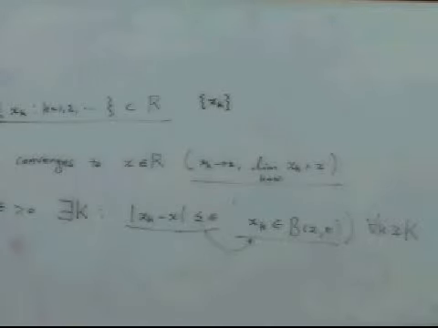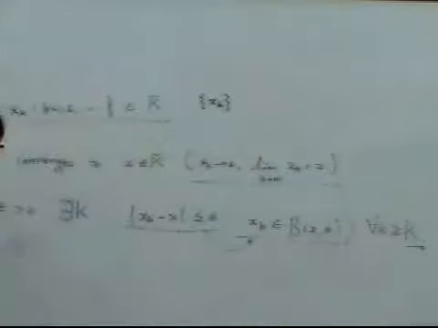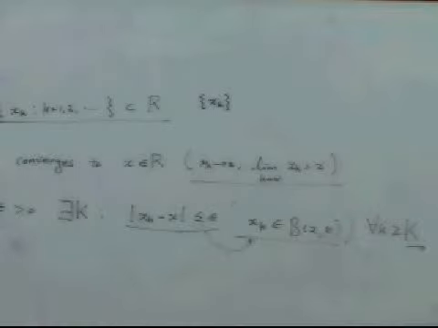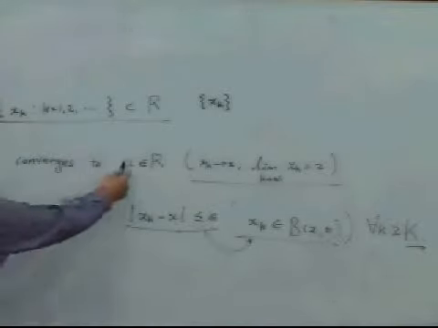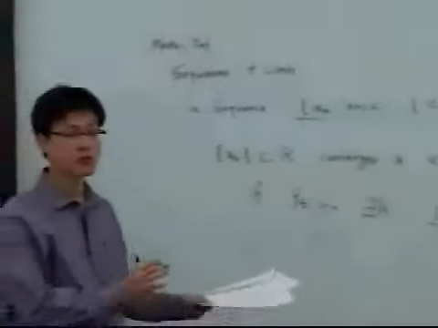So, if there exists a large K, and for every k beyond it this is true, then you can say that this sequence x_k converges to x. Right? This is the definition.